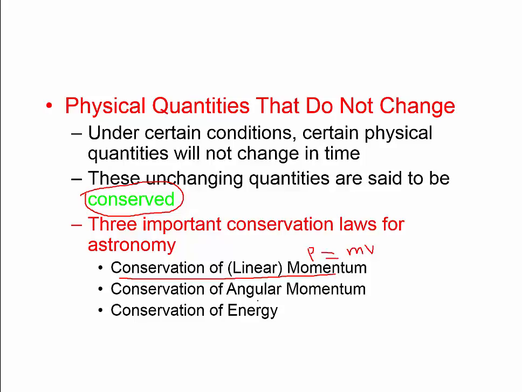We talked about conservation of angular momentum, L equal to mvr, and we talked about the conservation of energy. All these are actually very important in talking about the universe and astronomical concepts.